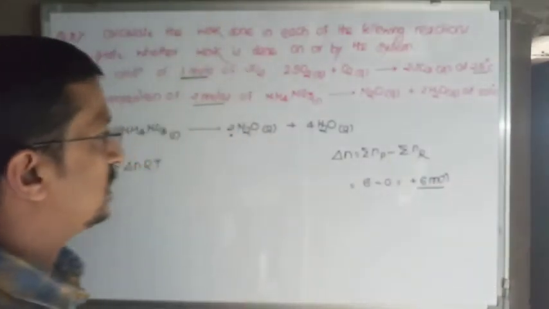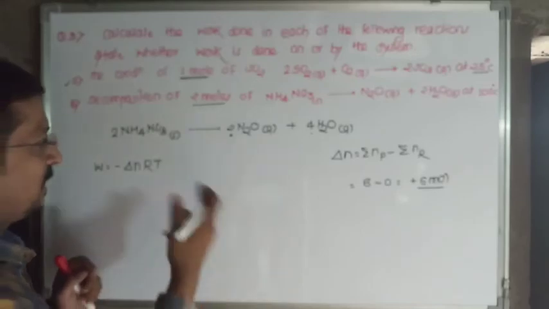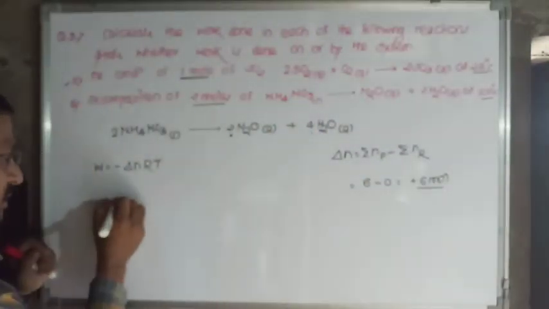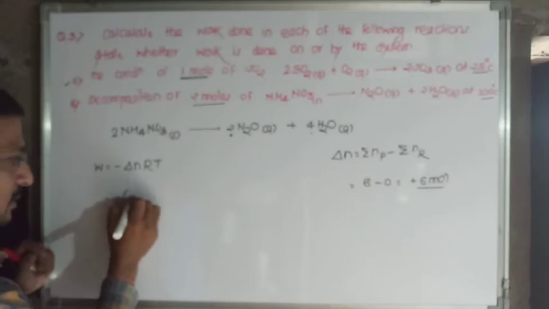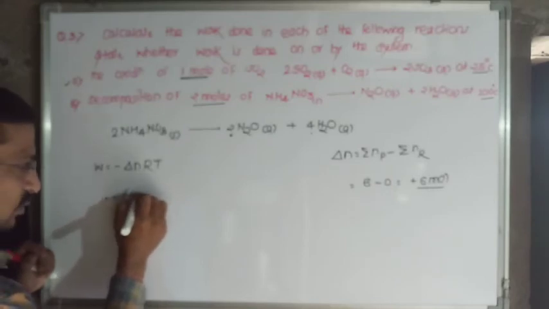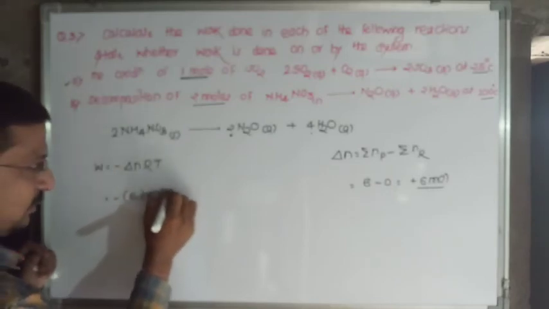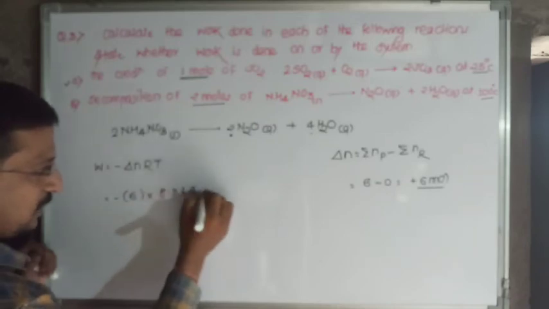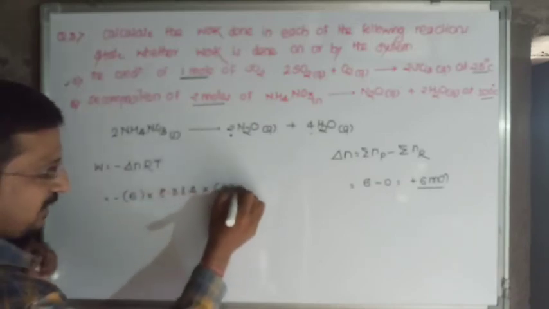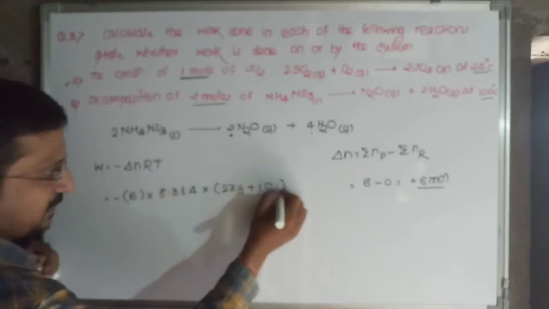It is the change in number of moles. Again R is the same, and the temperature is given as 100 degrees Celsius. So minus 6 moles into 8.314 into 273 plus 100, that is 373.